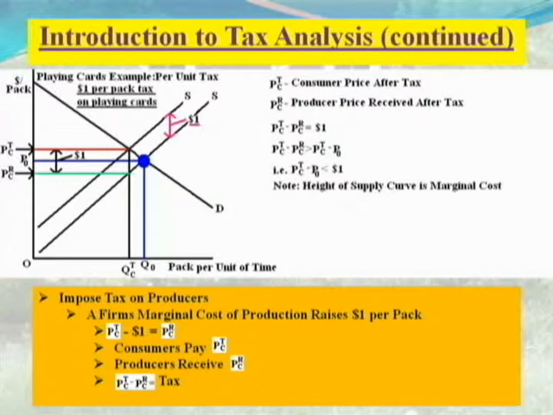So, the consumer price after tax is that PTC. The producer price received after tax is the PRC. And in this case, of course, the PTC minus PRC equals $1. And the PTC minus PRC is therefore greater than the PTC minus P sub 0.